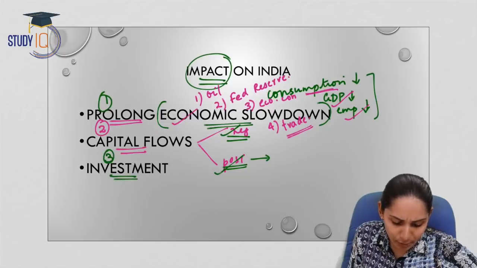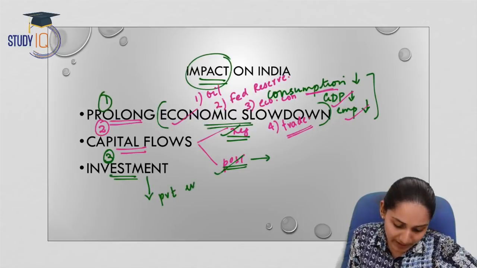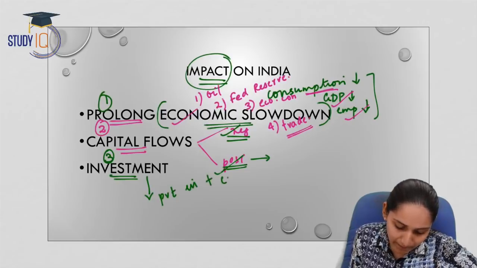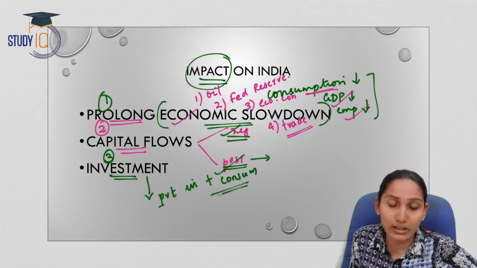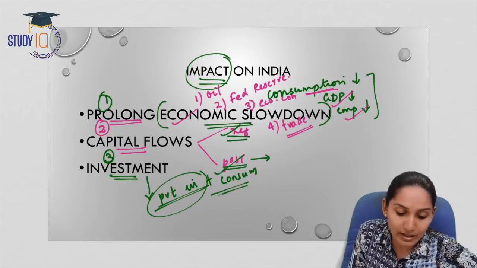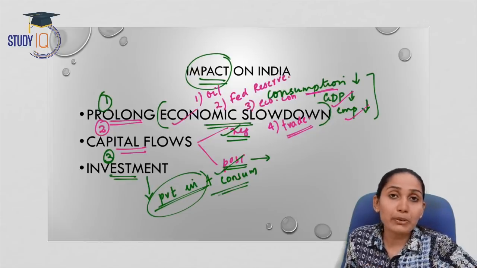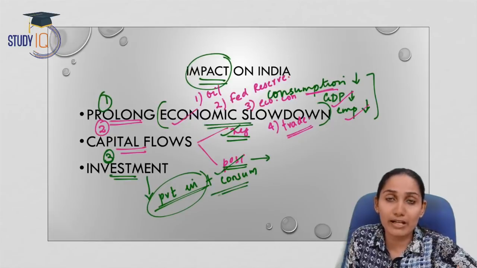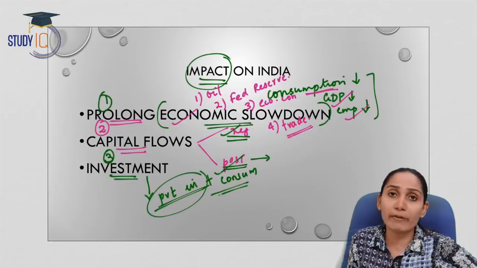Now the third impact is on investment. Private investment plus household consumption are the two engines of economic growth in India. So, private investment at any cost should be revived. For that, investor confidence should be revived. But during a phase of economic slowdown, especially a global economic slowdown, investor confidence would be very low.